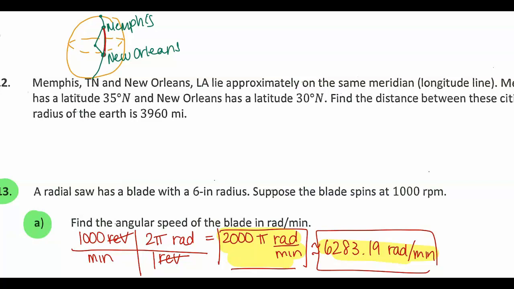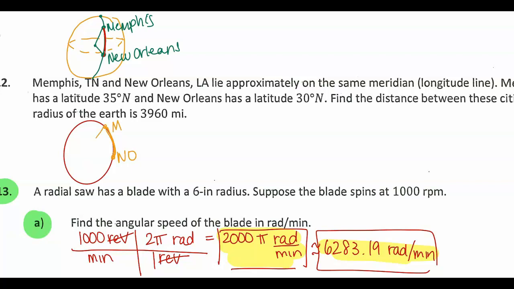So let me draw this out as a two-dimensional figure because it'll be a lot easier to see that way. Here's your circle, that little slice that I've cut out between Memphis and New Orleans. Here's Memphis, and here is New Orleans. We need to find out what this arc length is. Memphis is at 35 degrees north, and New Orleans is at 30 degrees north.